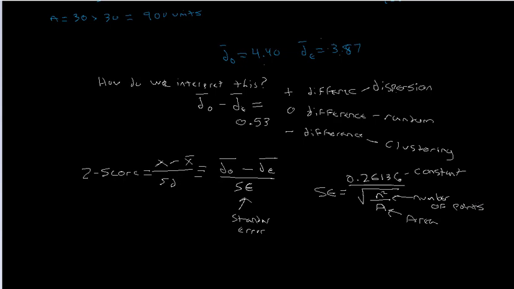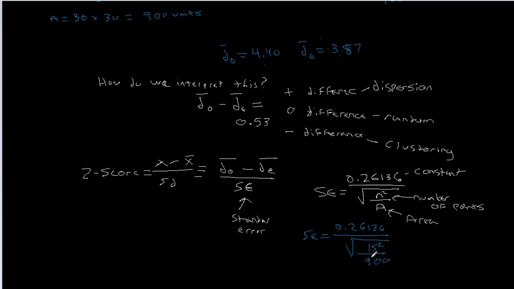So all we have to do to figure out the standard error is just plug everything we already have into this equation. So for our specific example, our standard error is going to be 0.26136 over the square root of the number of points we have, 15, squared, over our area, which we already calculated to be 900.